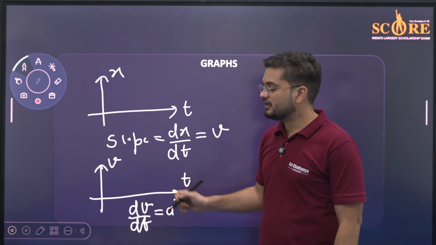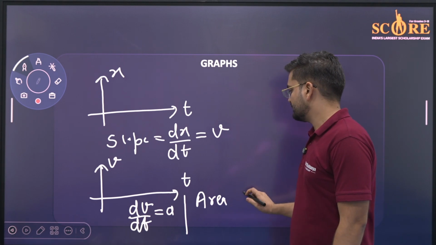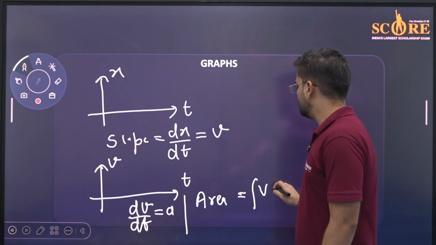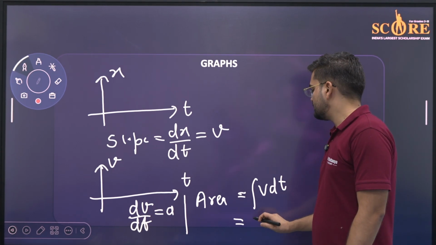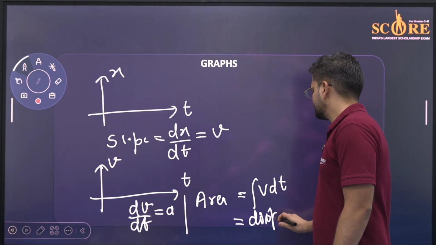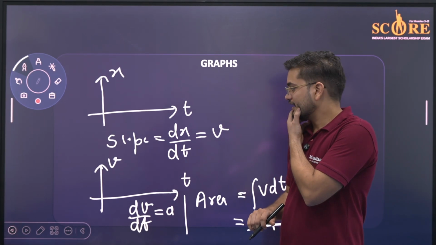So the slope of the vt curve will be equal to a, and the area under the vt curve will be integration v dt, and integration v dt will be equal to the displacement of the particle. Clear?